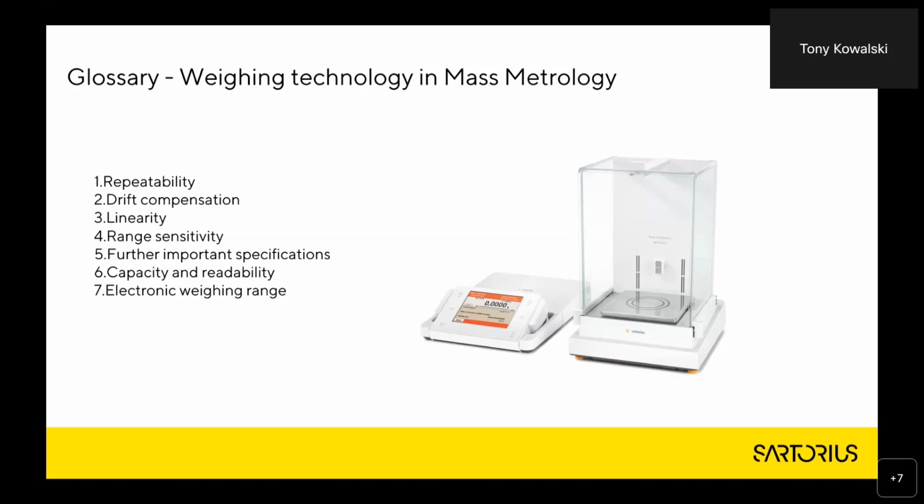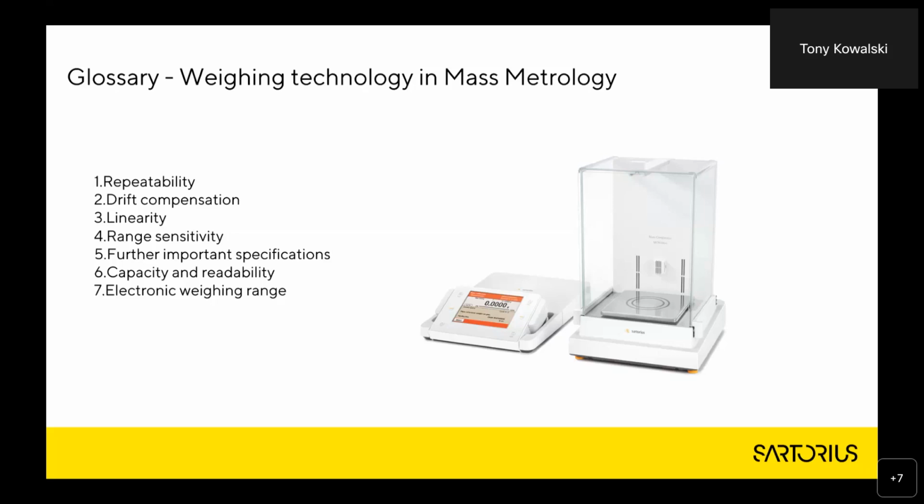So all of these will be explained. We'll have a look at some other important specifications and how capacity and readability can be different on different types of mass comparator, where some have electronic weighing ranges and some have range window.